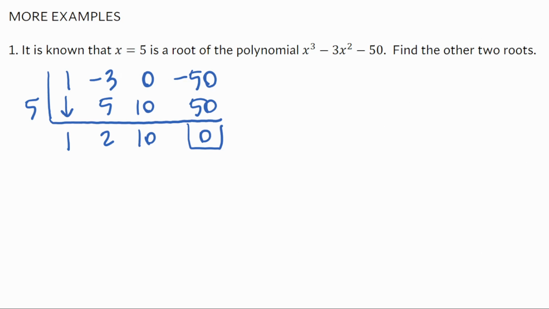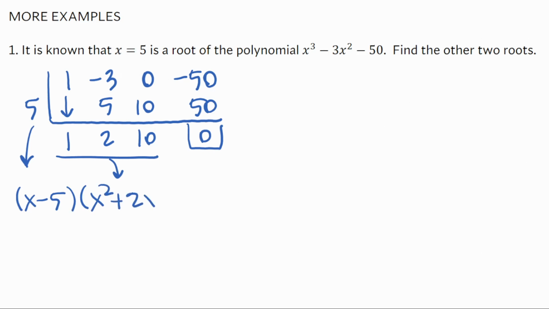That's good news, and that means I can write out my factors, because I've done that division. This is x minus 5 times x^2 plus 2x plus 10, right? I can look at this like place value: 1x^2, 2 x's, and 10 times 1, x to the 0 if you like that.